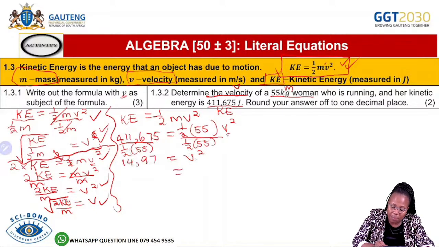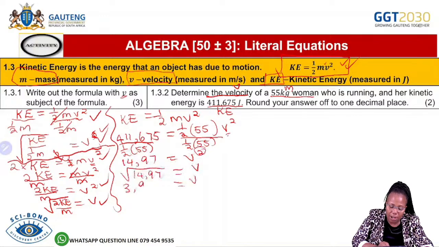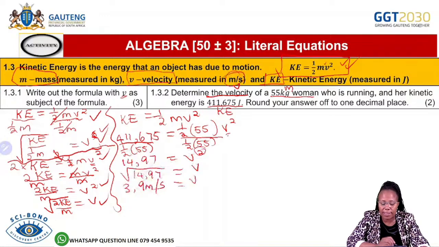And then remember, if you get rid of that 2 on the side, this will gain the square root of 14.97. And then your velocity v will be equal to 3.9. Remember, this is measured in meters per second. We want to also see those units on your answer there.